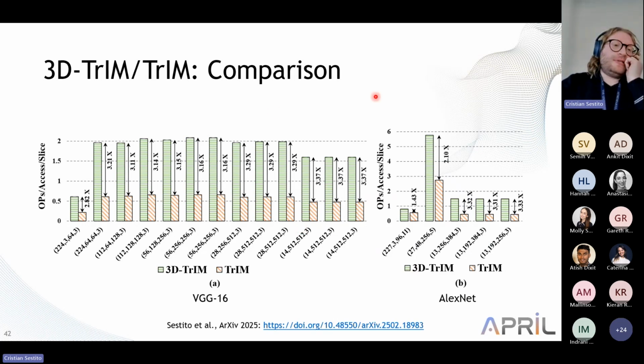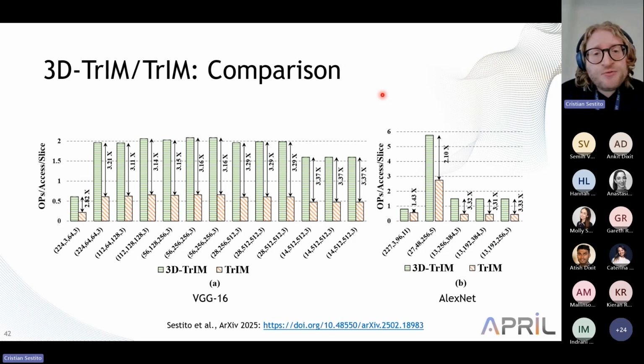Now, in order to understand if we actually reduced the memory accesses, we considered the same previous convolutional neural networks, VGG16 and AlexNet, and we did a comparison in terms of operations per memory access per slice between the previous version and the three-dimensional version.